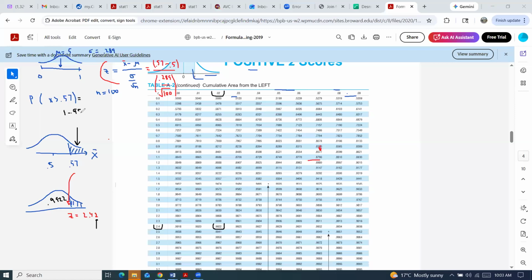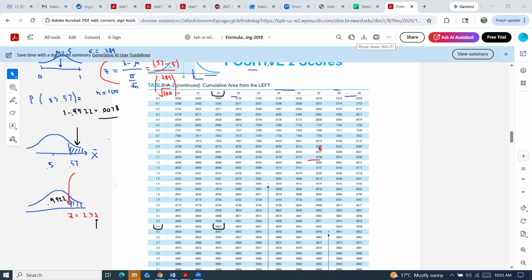So from 1 I subtract 0.9922, and we got the answer. So we have 78 with extra 2 zeros in front. 78 ten thousandths is our result.